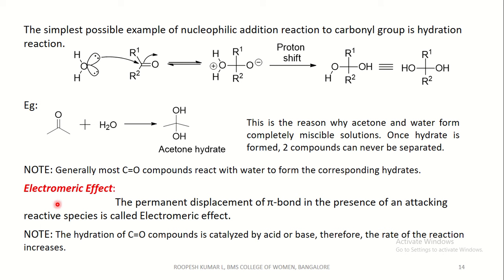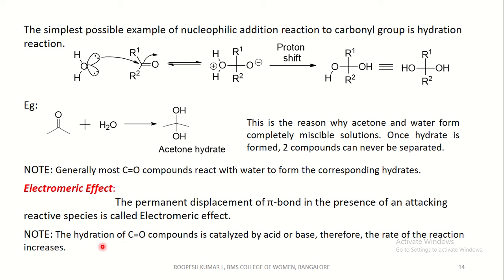Coming to the electromeric effect, this is the temporary displacement of a pi bond in the presence of an attacking reactive species, called the electromeric effect. The hydration of carbonyl compounds is catalyzed by acid or base, therefore the rate of the reaction increases.